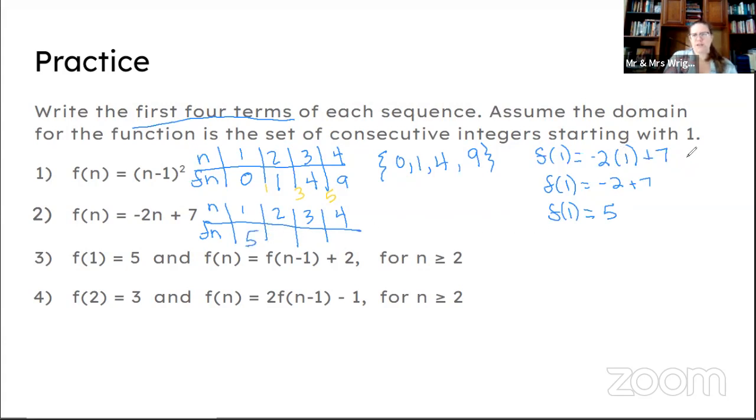You can always, at this step, just plug it into your calculator. If you have your calculator, you're more likely to get a correct answer as you plug it in exactly as you wrote it: -2, parentheses, 1, close parentheses, plus 7. If you write it in exactly like that and press enter, you should get the exact same answer. Calculators are very persnickety with how things are entered, so you do have to enter it correctly.